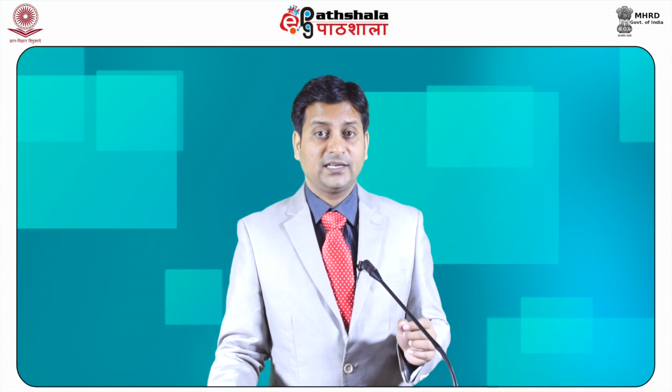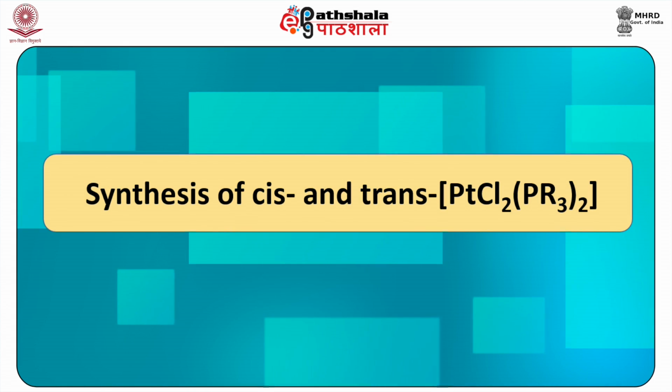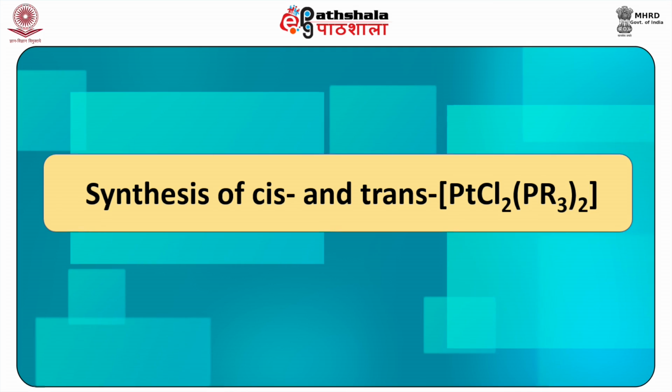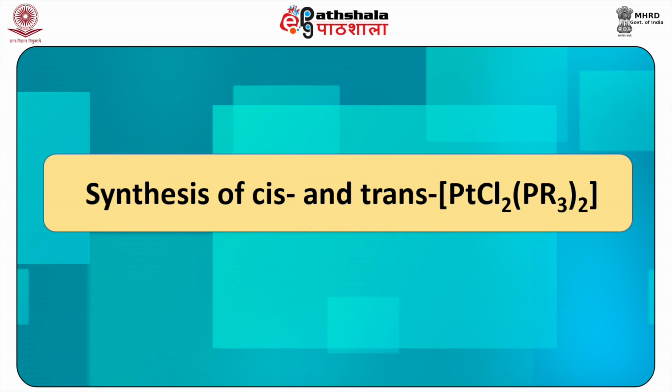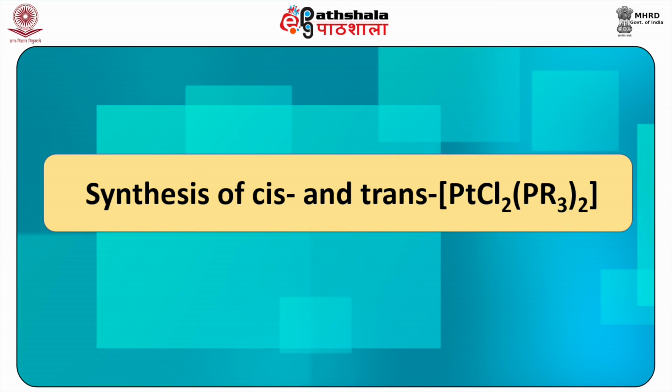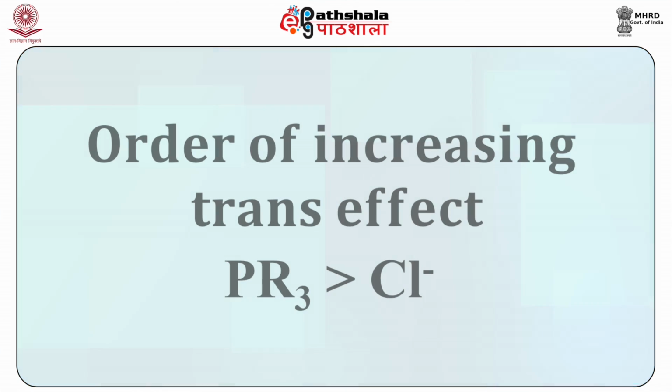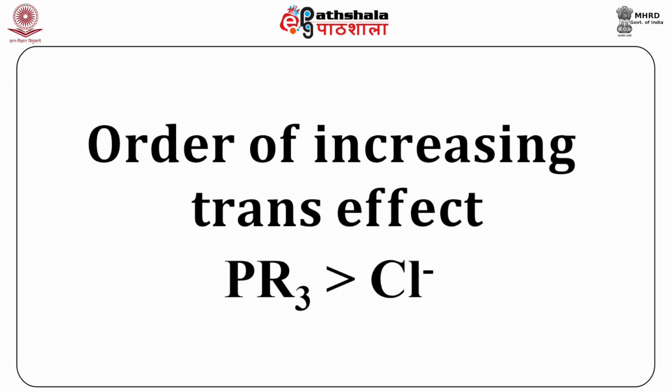Second example, if we take dichloroplatinum disubstituted triphenyl phosphine, it is formulated as PtCl2(PR3)2. So the trans effect is increasing in the order of PR3 greater than that of the Cl minus.